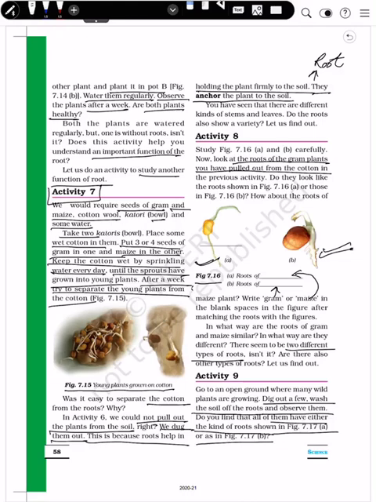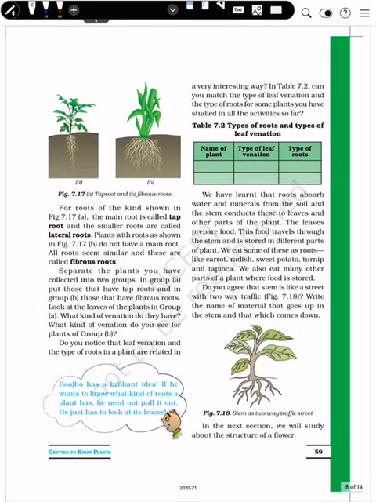7.17b. So here on page number 59, we are able to see the root, that is the taproot. For roots of different kinds, figure 7.17a shows the diagram of a taproot.